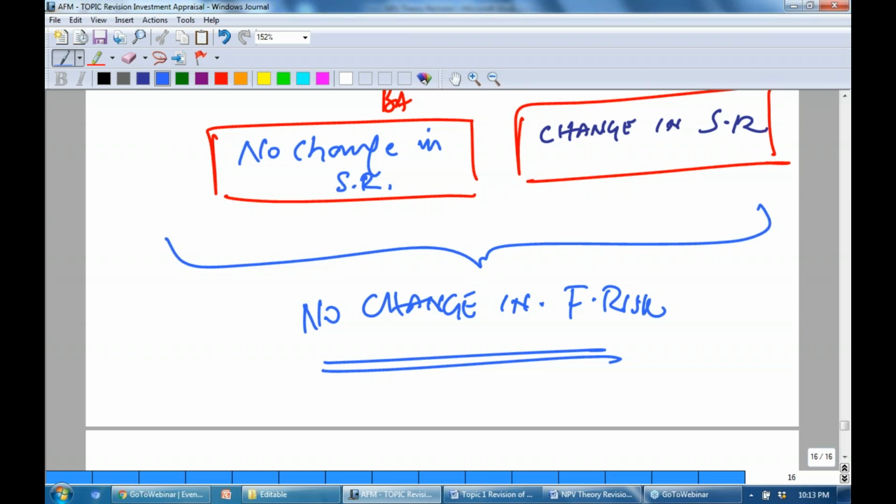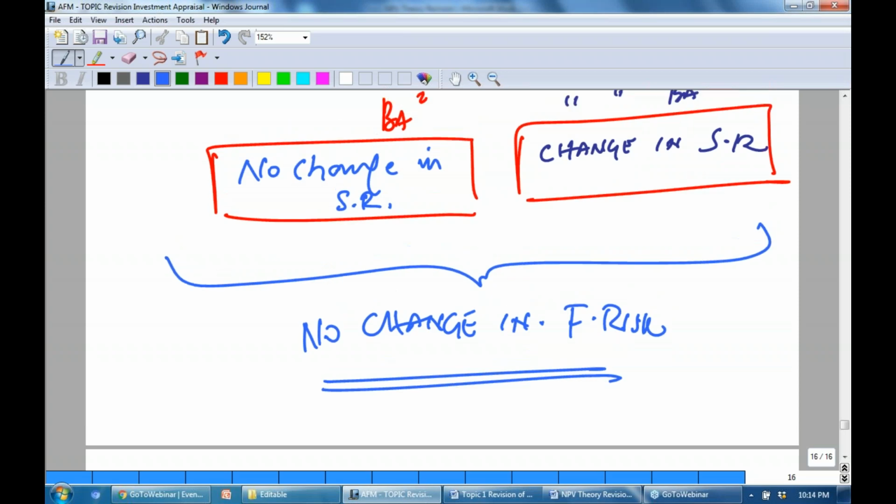So you will arrange the new finance in the same proportion 50-50. So financial risk does not change. Or you will invest for expansion with internal source of finance. No change in financial risk.